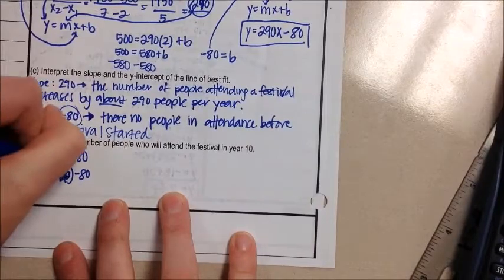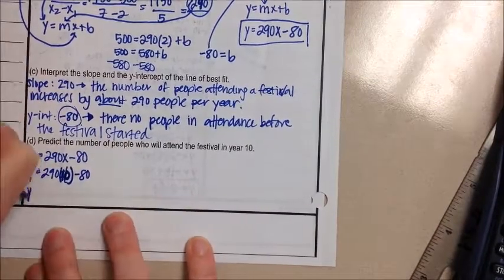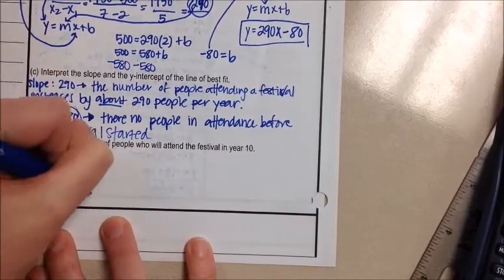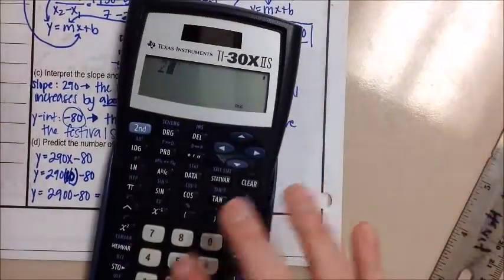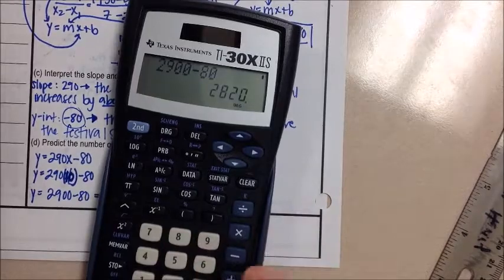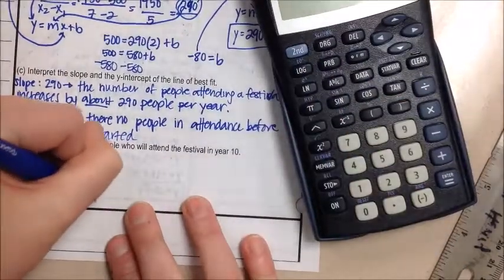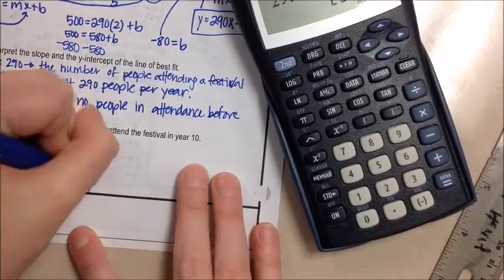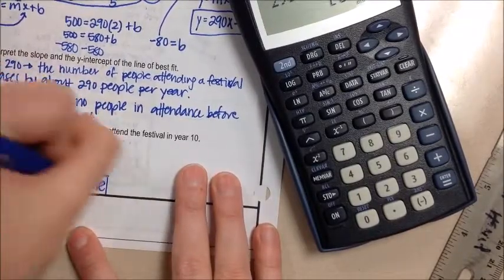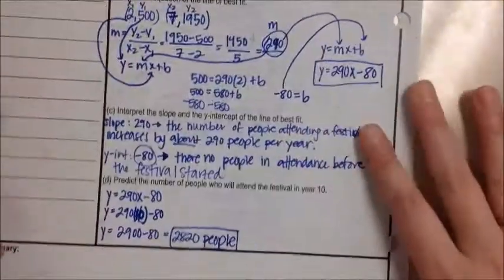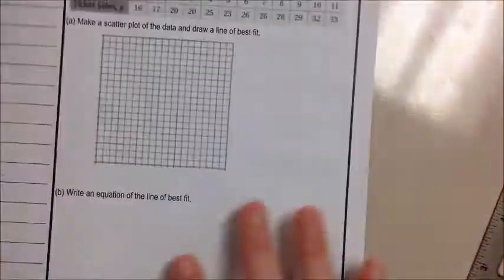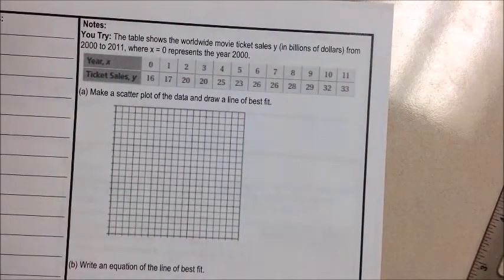So 290 times 10, so that's 2,900 minus 80. 2,900 minus 80 is 2,820. Okay, so there will be about 2,820 people in year 10 who attend the festival. Okay? Go ahead and do the rest. Try to answer all the questions.